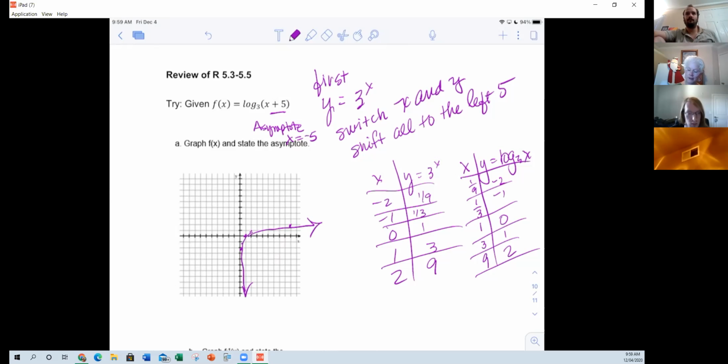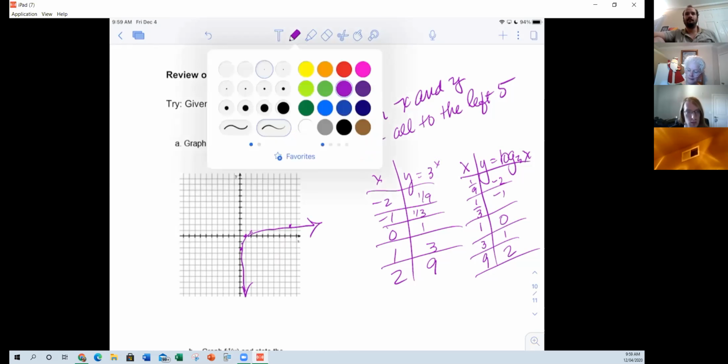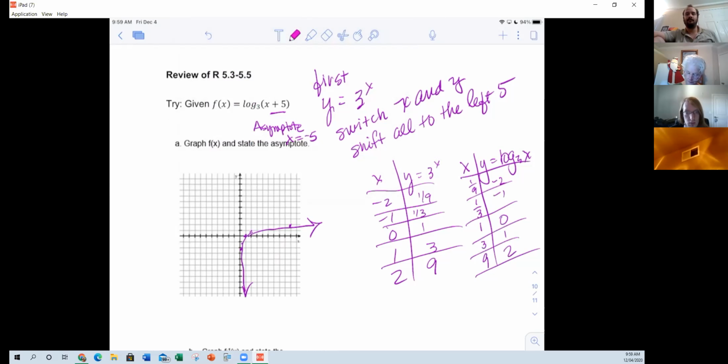Now we have to shift to the left 5, including the asymptote. Pick some nice points. So 1, 0 would become -4, 0.